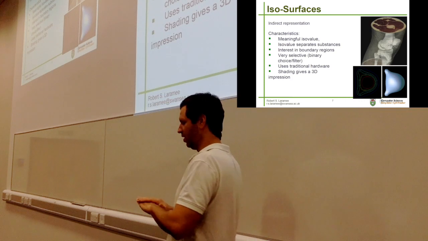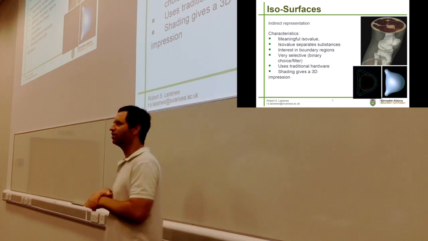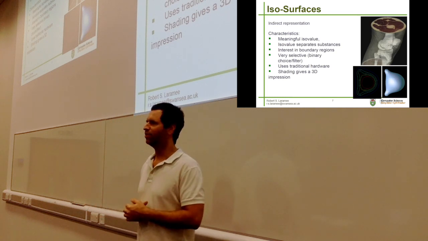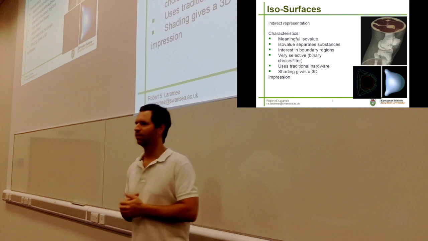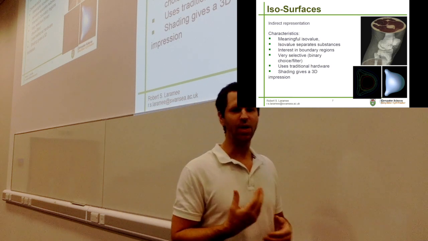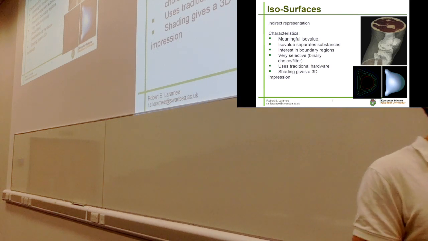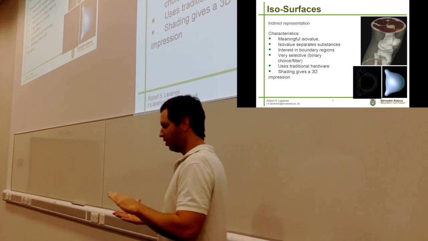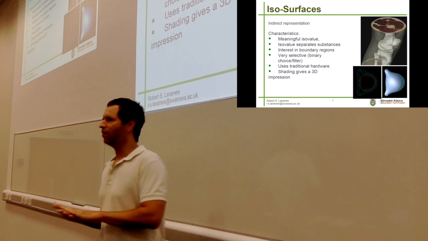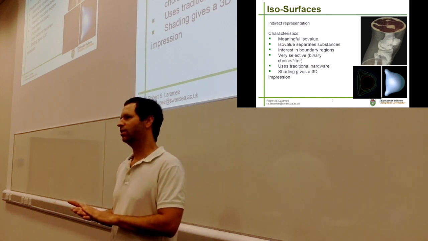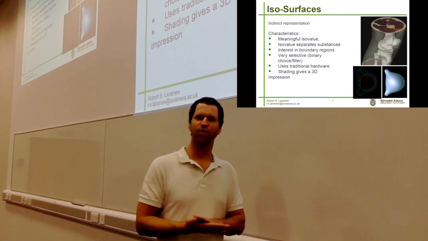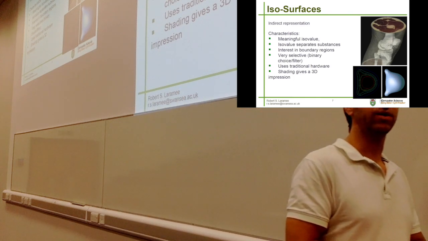So your skin is a boundary, isn't it, between the outside world and your physical body. And there's an isosurface or an ISO value that corresponds to your skin. And then the bone has also a boundary, doesn't it? The outside of the bone. And that also corresponds to an ISO value.